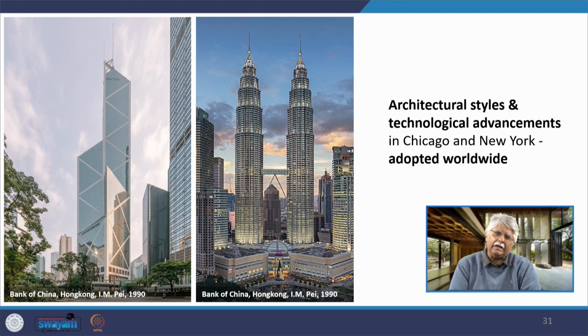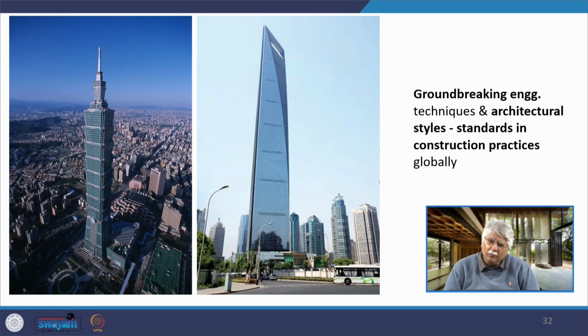We'll come back to that later, but here we have amazing forms showing great advances in style and technology in skyscrapers, whether it is the Bank of China or the Petronas Tower, or groundbreaking engineering techniques and architectural styles. They have become standards in construction practices of skyscrapers globally, whether it is Taipei 101, which has a massive mass-tuned damper to prevent earthquake damage, or this building in China.